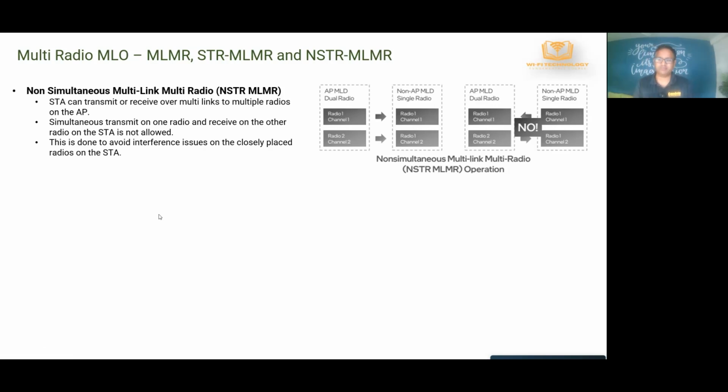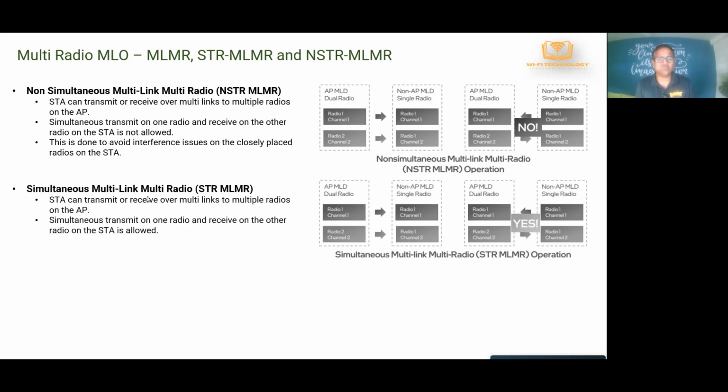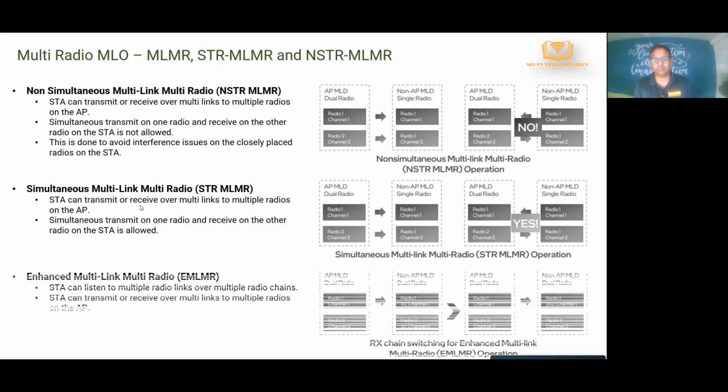So it can either aggregate multiple links to transmit or to receive, right? That's the thing that I explained before. If you're doing simultaneous multi-link multi-radio, here you can simultaneously transmit and receive across multiple radios. So you're potentially using some radios to transmit and some radios to receive across the access point. And again, this gives you the most efficiency and throughput, but it is also the hardest to implement.